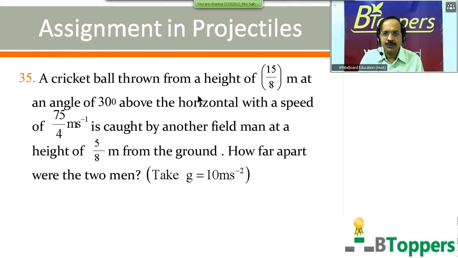A cricket ball is thrown from a height of 15 by 8 meter, at an angle of 30 degrees above the horizontal, with a speed of 75 by 4 meter per second. It is caught by another fieldman at a height of 5 by 8 meters from the ground. How far apart were the two men? Take g equal to 9 meter per second square.